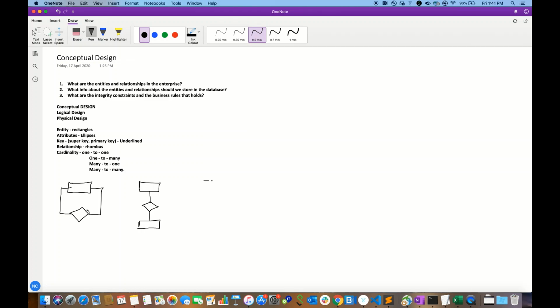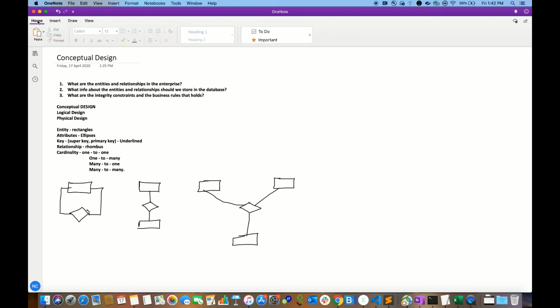For the ternary relation, we can have three entities, and all of them are related to each other with a single relationship. So the first is the unary relation, the second the binary, and the third the ternary relationship.